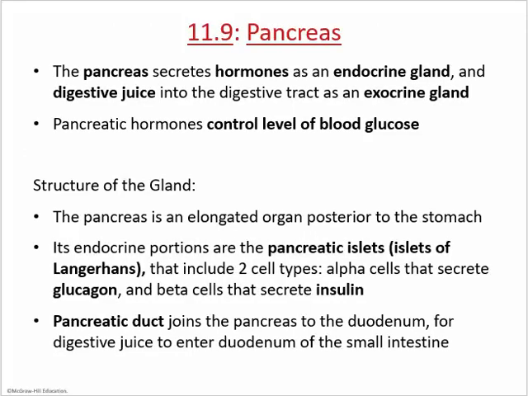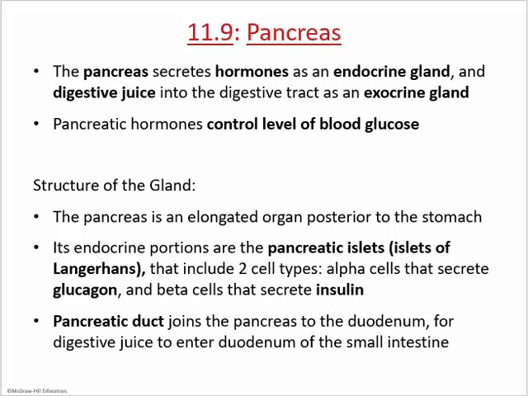The pancreas is an interesting organ. Most of it is exocrine. It is digestive enzymes. But there is an endocrine part of it. There are alpha cells and beta cells. So alpha cells secrete something called glucagon, and beta cells release insulin.